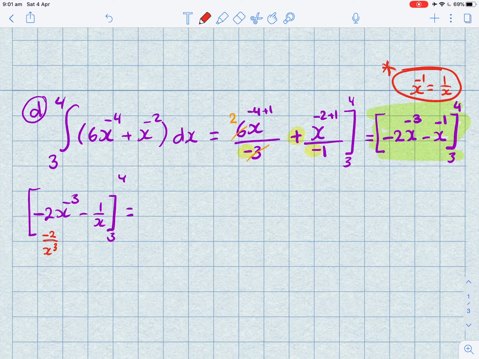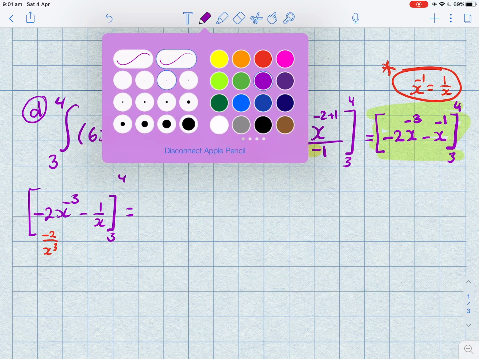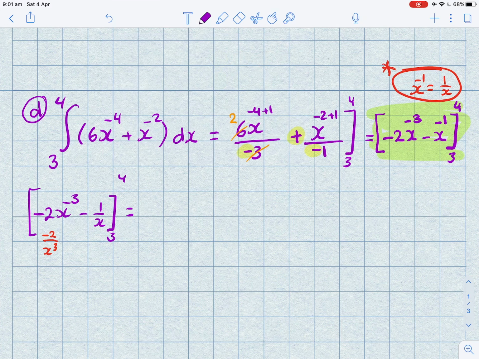Okay, so I can write this as minus 2 over, instead of x, it's going to be 4 to the power 3, minus 1 over, instead of x, 4. So I finished with the upper limit now, and now it's going to be minus here in the middle, and then I'll start with the lower limit.